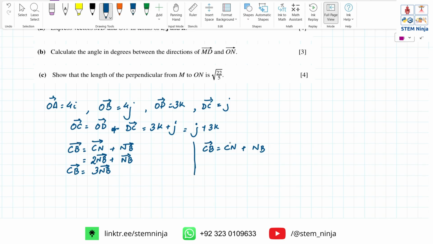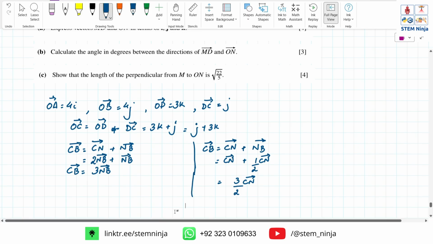What if we have an alternate description for CB in terms of CN? NB is half of CN, and this is CN also. So we will get 3 over 2 CN. Now we can use either one of these descriptions when we need them.